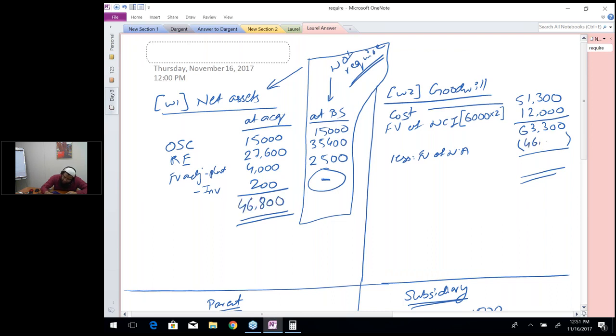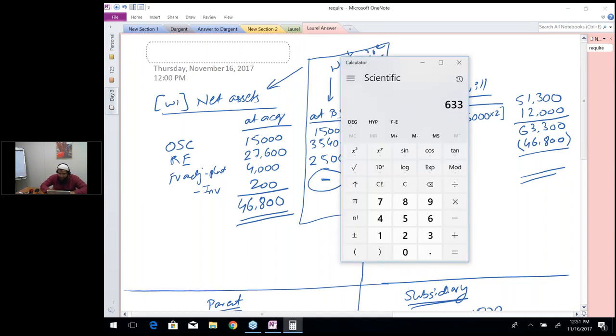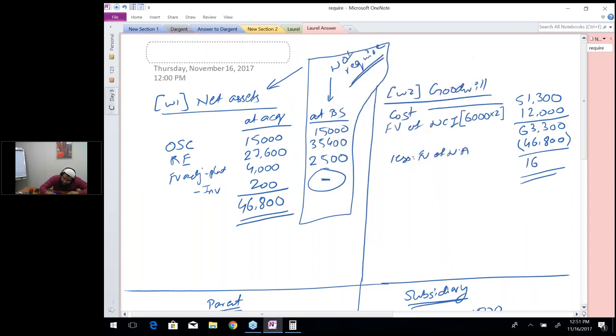So 46,800 are the net assets acquired, and the goodwill would become, yes Simran, you are right, 63,300 minus 46,800, which gives us the value of goodwill, 16,500. This is the value of the goodwill that should be recorded, and this was your answer to the 7 marks question.